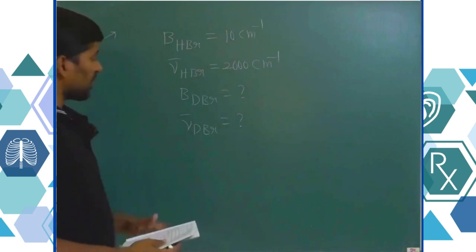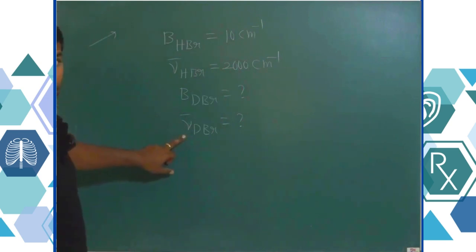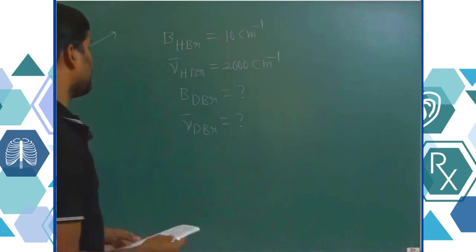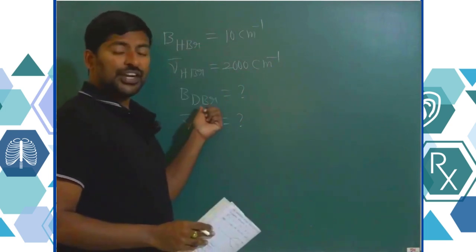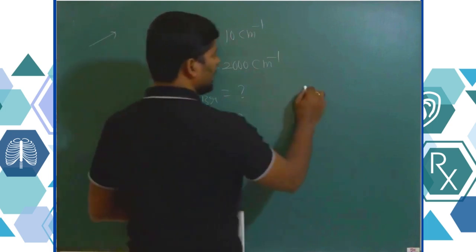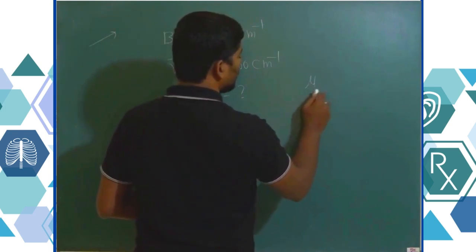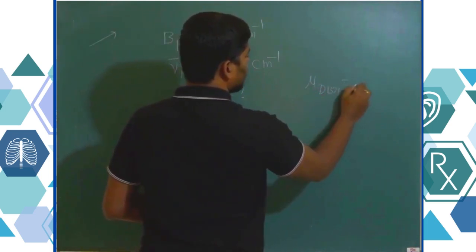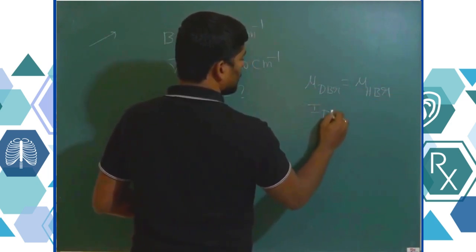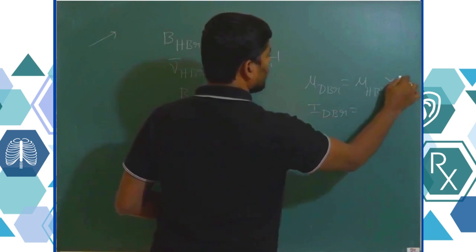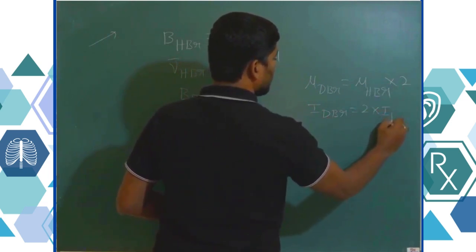So what about the rotational constant and vibrational frequency for DBr? We know the reduced mass for DBr is double the reduced mass for HBr. I is directly proportional to mu, so I of DBr is 2 times I of HBr.